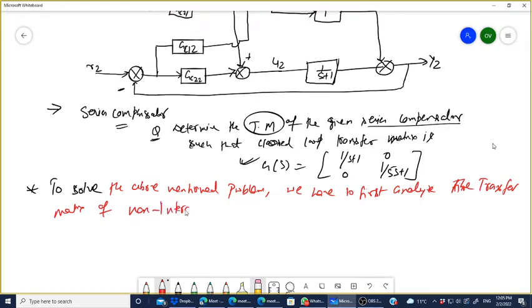Remember, non-interaction in MIMO. If we understand how to calculate the transfer matrix and transfer function of any non-interaction MIMO system, then you will be able to find that this is one of the easiest problems.